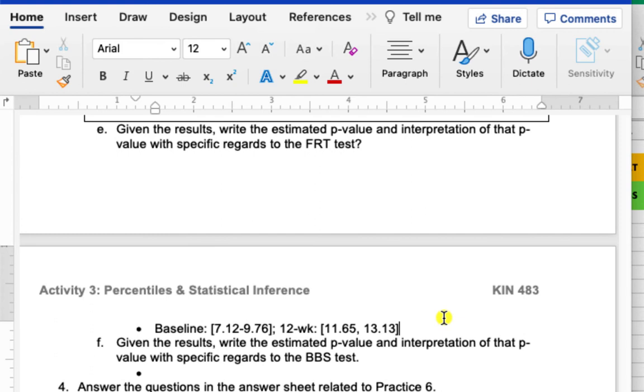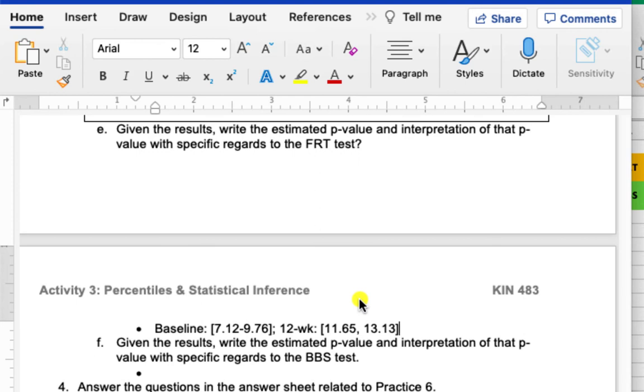We can look at these intervals and say, does the mean of each group land within the same interval? If there is no overlap between the intervals, we can argue that the dance intervention significantly changed the balance outcomes. In this case, balance was significantly changed in terms of the functional reach test.